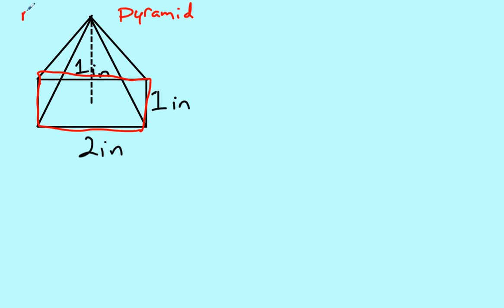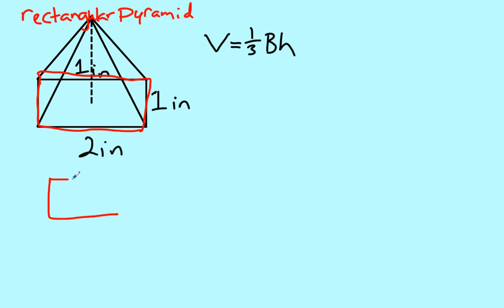It's a rectangle, so that makes this a rectangular pyramid. So our formula for volume of that, just like our cone, is 1/3 of the area of the base times the height. Our base is just a rectangle, so just for fun, we're going to draw it separately. 2 and 1. We find the area of that rectangle, so that's just base times height, which again, I know I picked like the easiest questions, is just 2 times 1, which is 2.